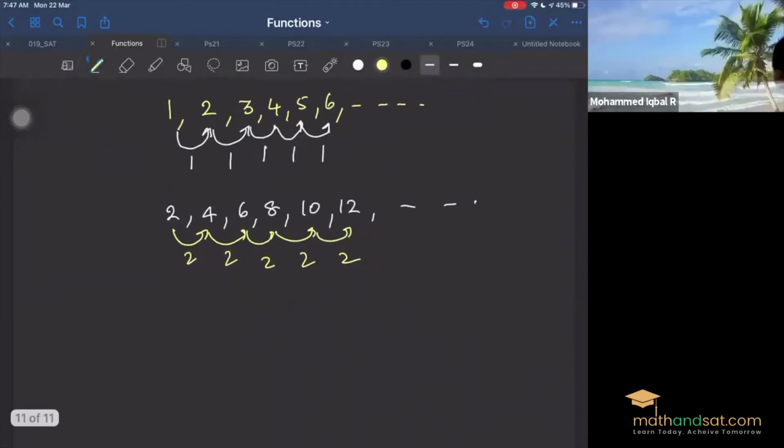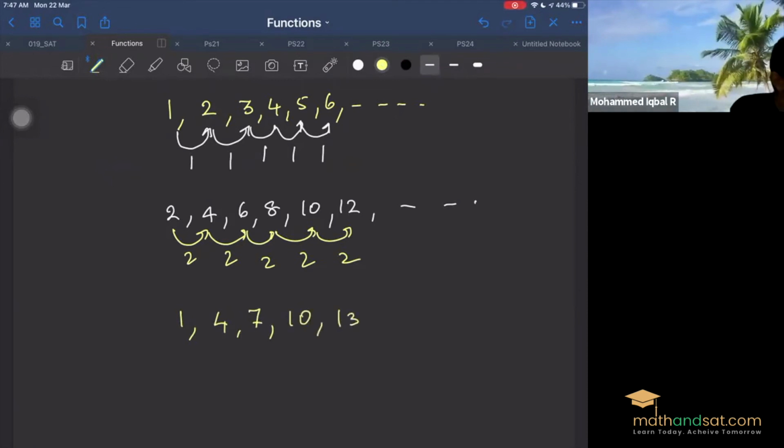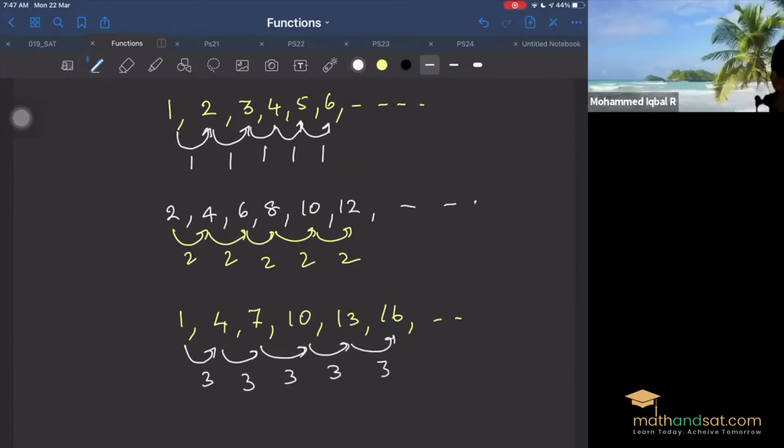Another example is 1, 4, 7, 10, 13, 16, and so on. So the difference is 3 each time. This is an arithmetic sequence.